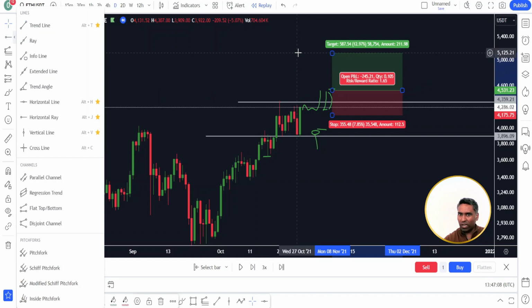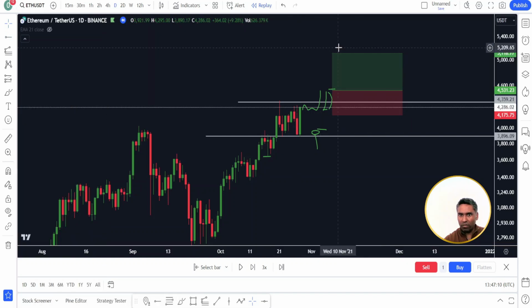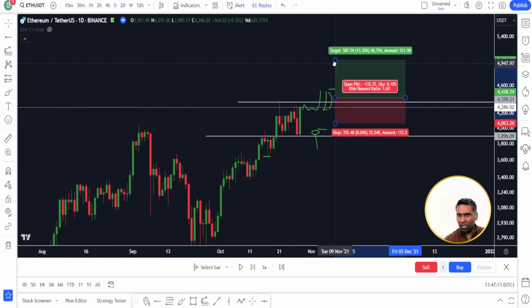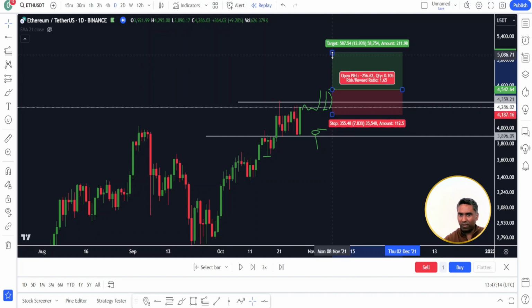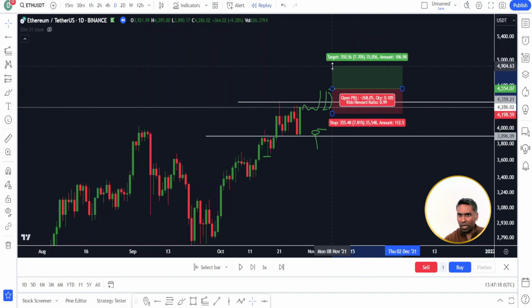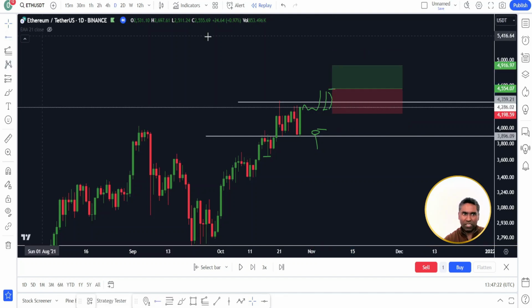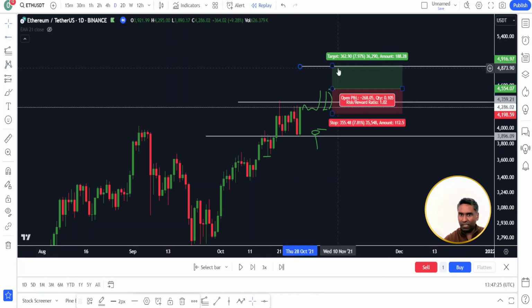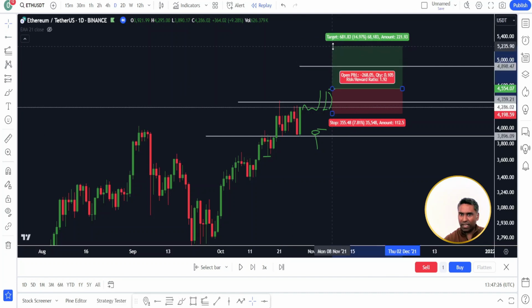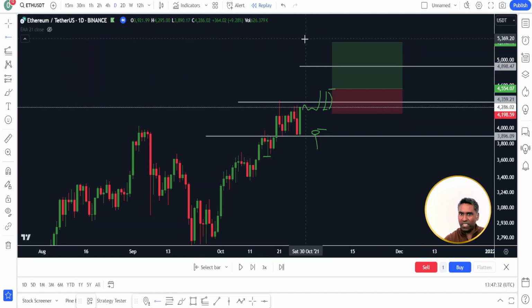So we enter here and our first TP is around 1R. So this is 1R here. Our first TP should be here, and then we can extend this line and we can make our TPs 2Rs or 3Rs. So we can have our take profits like this.